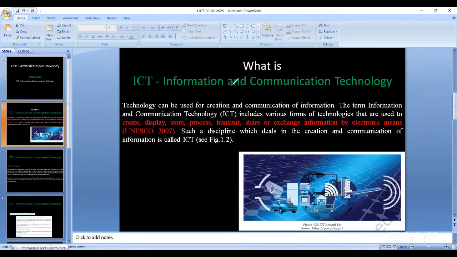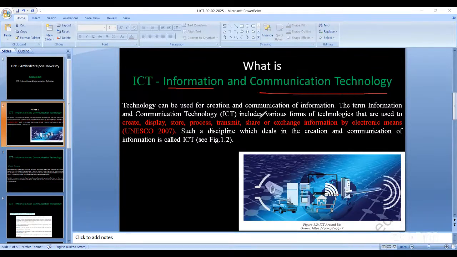Now see what is ICT. Today technology can be used for creating and communication of information. ICT means Information and Communication Technology.